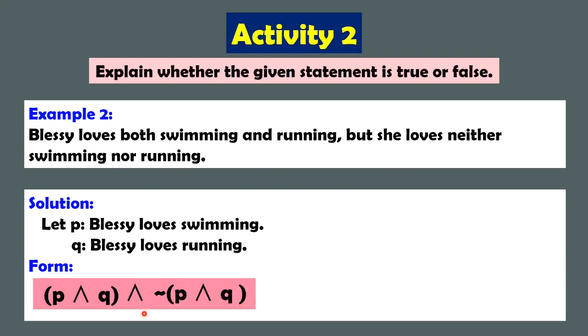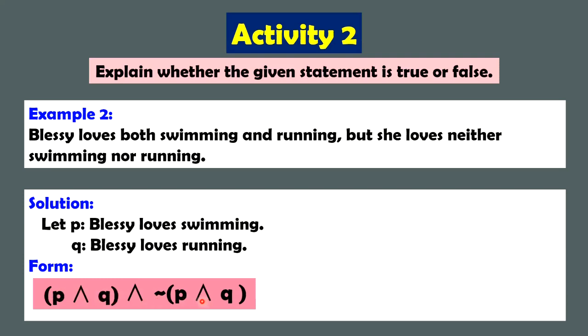Actually, this can be done by inspection. If you take a look at this propositional form, this is our original statement, P and Q. Then we connected it to its negation, the negation of P and Q. How do we connect them? Using the word "and." So if you consider this one true, what is its negation?